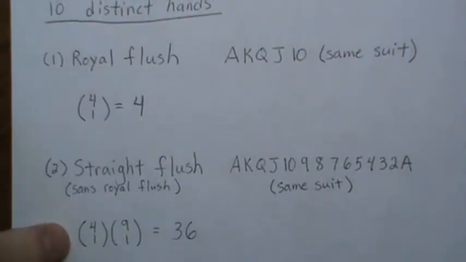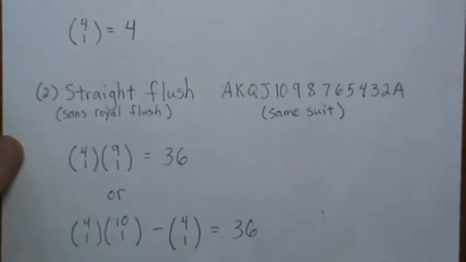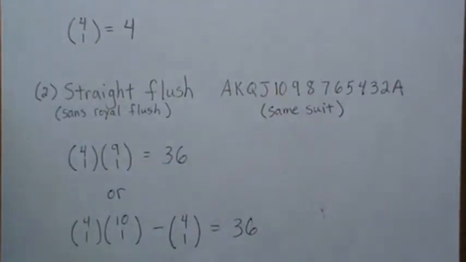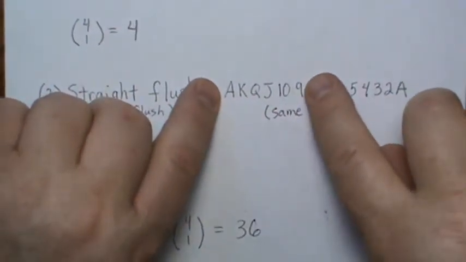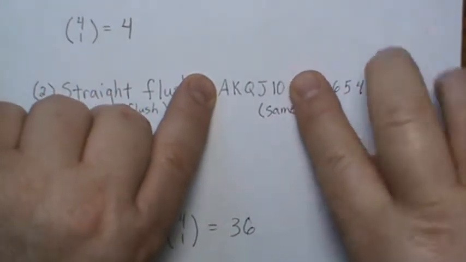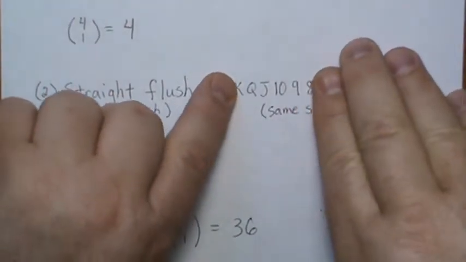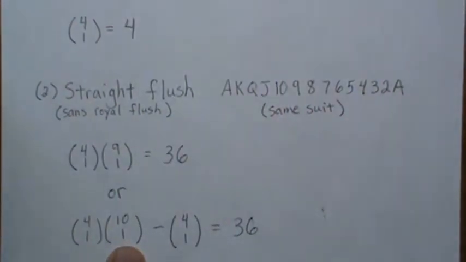Now, this is the way I think about it and calculate it, and the way you'll see it in books is the following. Here it's the number of ways to pick a suit, and then the number of ways to pick a straight. If you allow the ace to be low, so the straight goes down to ace, then there are 10 ways to choose a straight, and that's what this is.